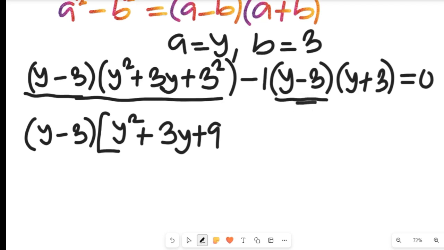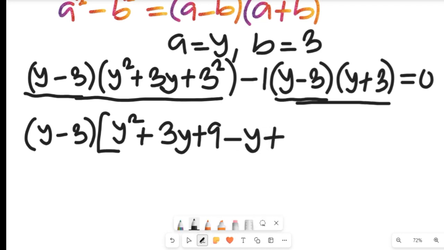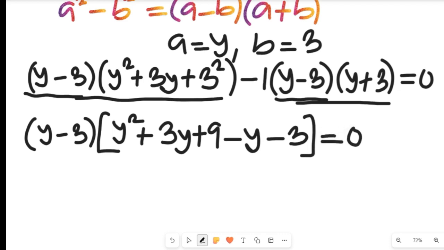And the second expression divided by y minus 3 will give us negative y, that is going to give us a negative 3, and this will be equal to 0. Negative 1 times y is going to give us negative y, and negative 1 times plus 3 is going to give us a negative 3.